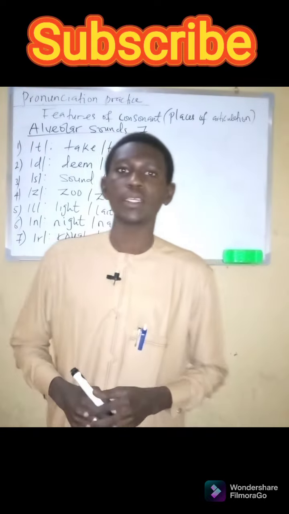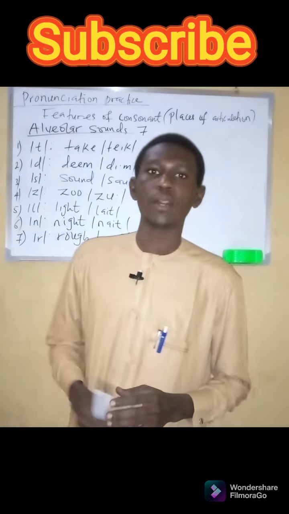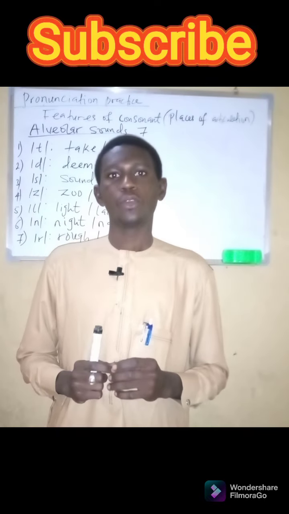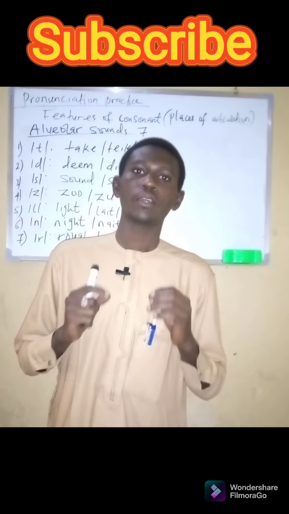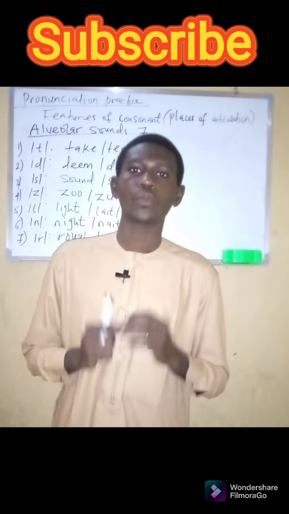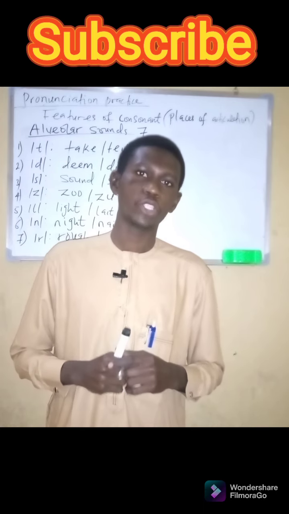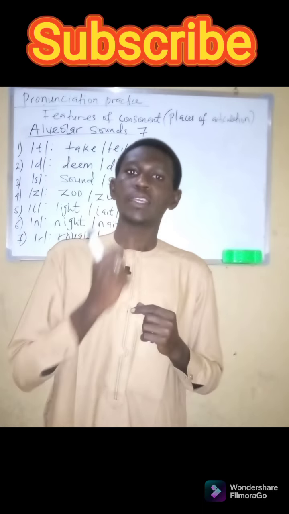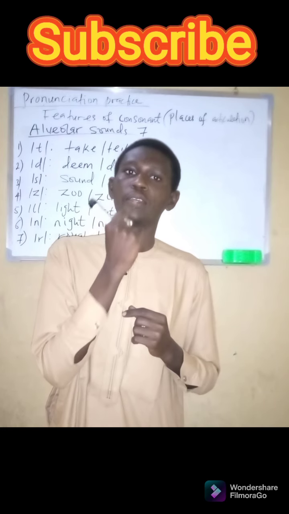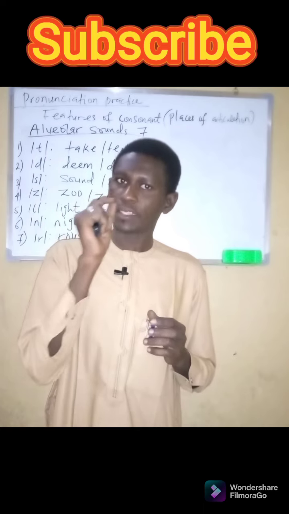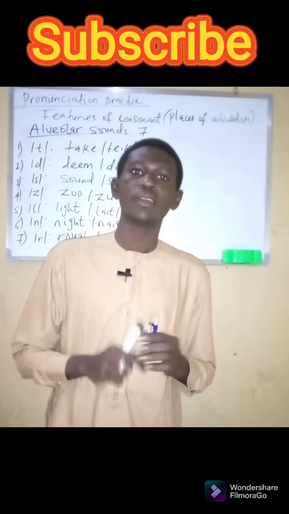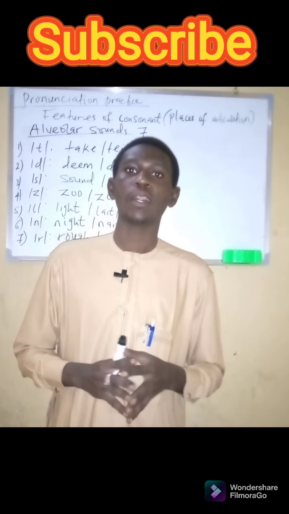Number 1 among them is the T sound. The moment you pronounce the sound T, the tip of the tongue goes into contact with the alveolar ridge. Alveolar ridge is exactly the position behind the upper teeth. That ridge there is called the alveolar ridge.